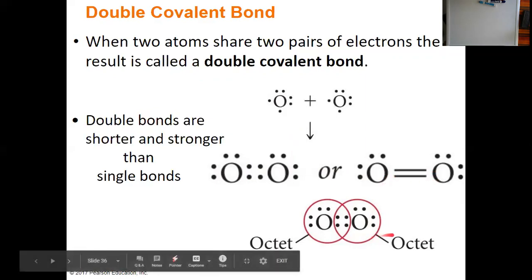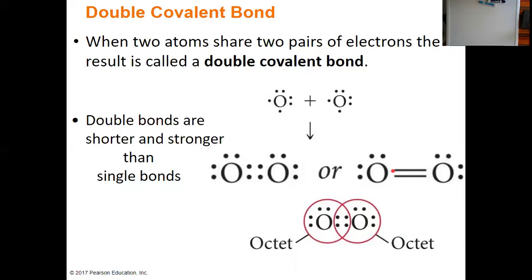But notice that in both situations, each bond counts as 2 electrons towards each oxygen's octet. So oxygen 1 over here has 1, 2, 3, 4, 5, 6, 7, 8 electrons around it. Okay.